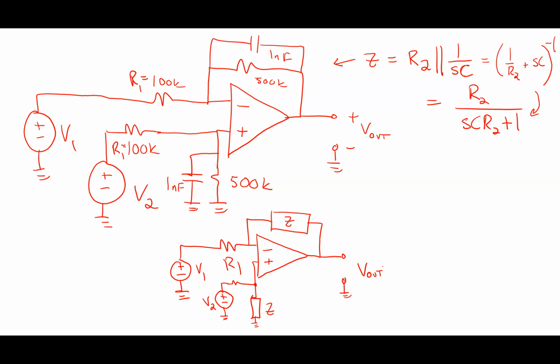And then I basically just go through the same analysis that I did. I would have done it the exact same way I just did it. I'd do superposition. So where's the easiest one to start with? The easiest one to start with would be to turn off V2. If I turn off V2, what's this turn into?